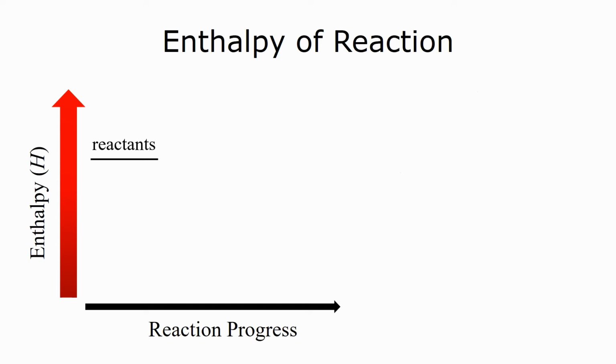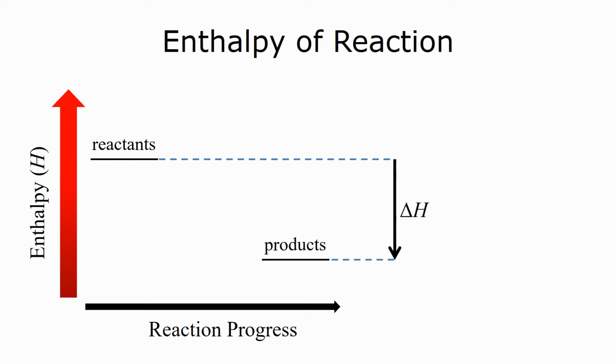Now compare this to the opposite scenario, where the enthalpy of the reactants is higher than that of the products. In this case, we still have the same delta H, but the reactants lost energy to become the products. Because the enthalpy of the products is less than that of the reactants, the delta H, or the enthalpy of reaction, is going to be negative, making this an exothermic reaction.